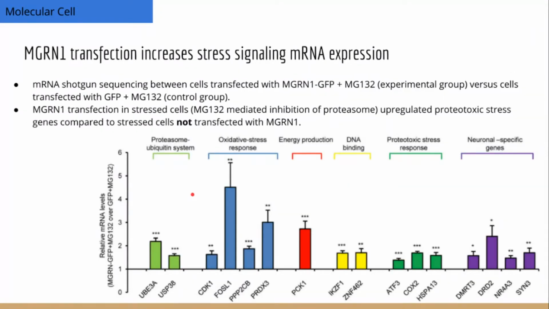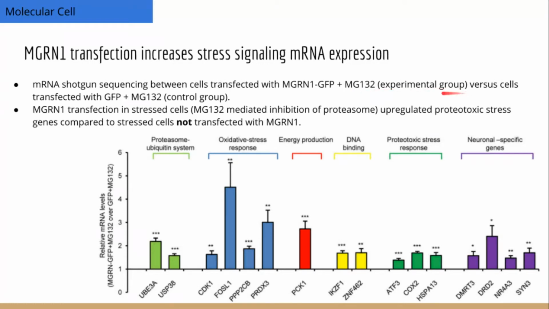In order to determine if MGRN1's nuclear translocation resulted in changes to transcription, the researchers decided to conduct a shotgun mRNA sequencing experiment to analyze differential gene expression. So they were comparing the transcriptome of cells transfected with MGRN1 GFP and the proteasome inhibitor MG132.